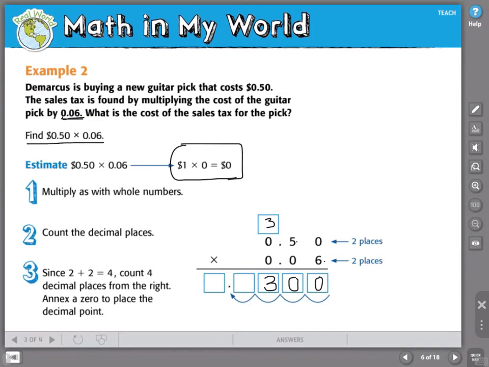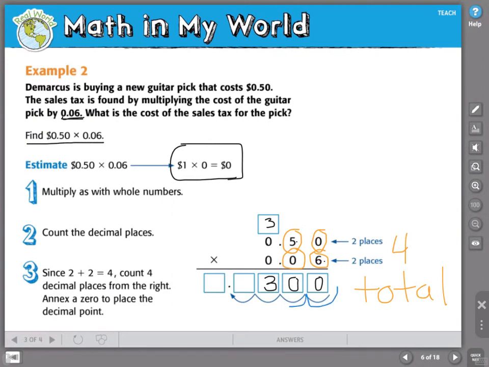Now I know here that I've got 1, 2, 3, 4 total digits behind my decimal point in my factors. So that means I need 4 total digits behind my decimal point in my product.